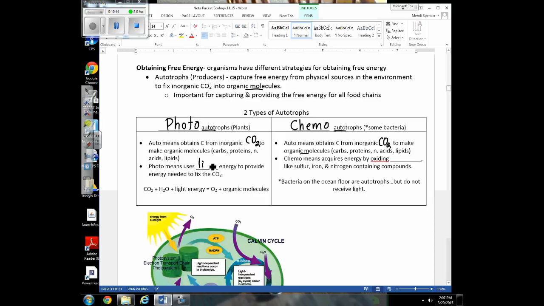Photoautotrophs are using light energy to provide that energy to fix the CO2, whereas your chemoautotrophs, they're getting free energy from inorganic compounds. But both photoautotrophs and chemoautotrophs are important because they're basically the bottom of the food chain, or that food pyramid, and they are making these organic molecules that can be consumed and passed to other organisms in that food chain.